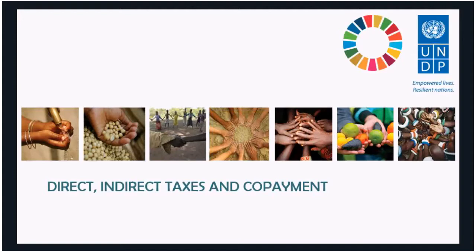So, as for today, we will be discussing the main elements of the first side of the first piece of the puzzle, which is taxation. So mainly we have direct and indirect taxes.